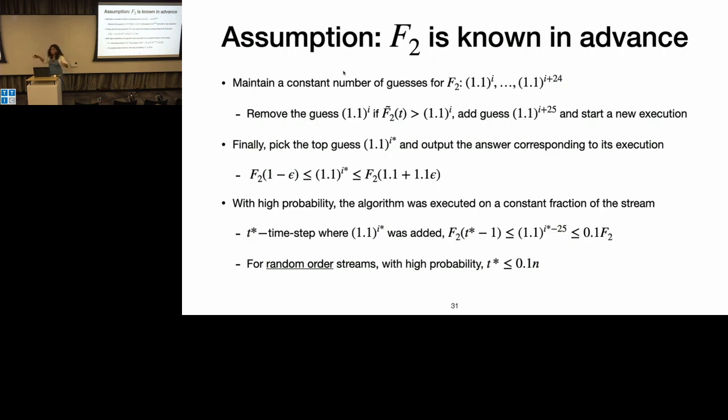Because for random order streams, the spread is uniform for all elements. The adversary cannot add a bunch of elements at some point that really shoots up F2, and at some other point have it spread out. So we can argue that the length of the stream was also just a small constant fraction, so you're still okay.